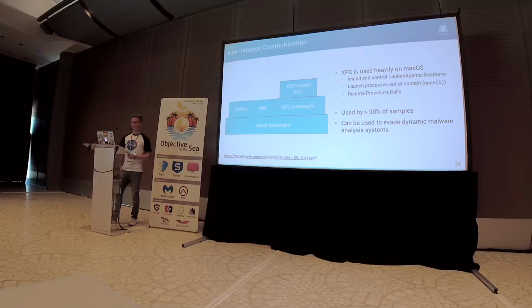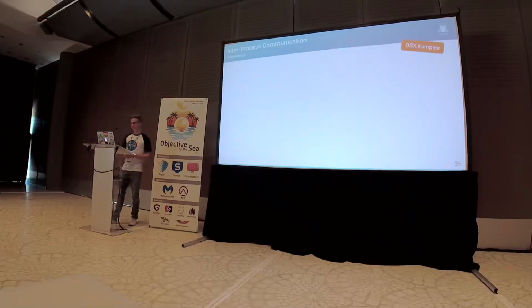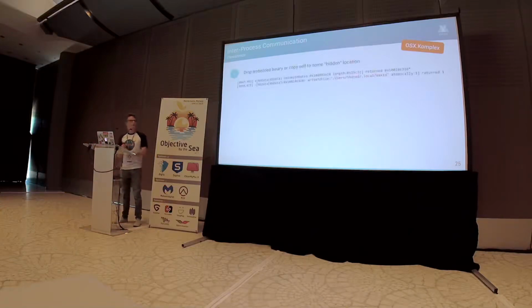Now let's look at some examples. First, persistence. This is from macOS malware, and it's a really, really common pattern for many samples. They first will drop an embedded binary, or they will copy themselves to some hidden location, for example, a hidden folder.